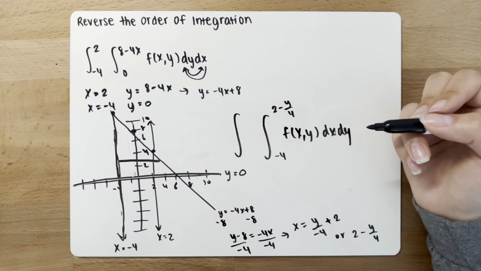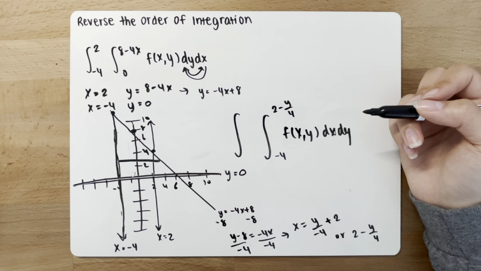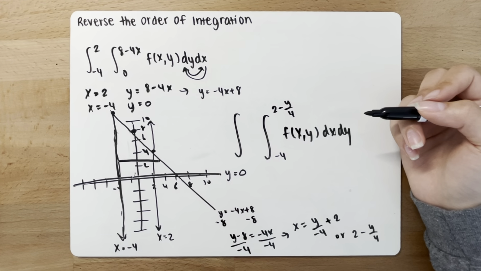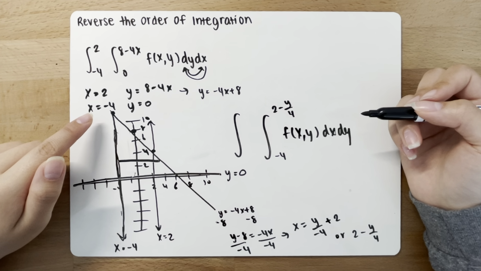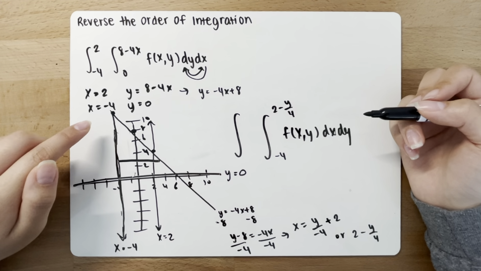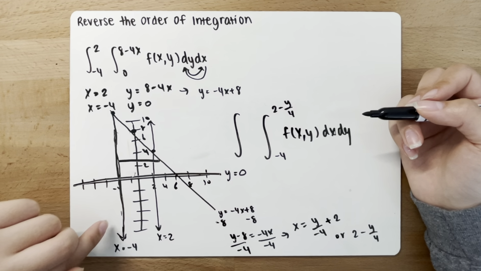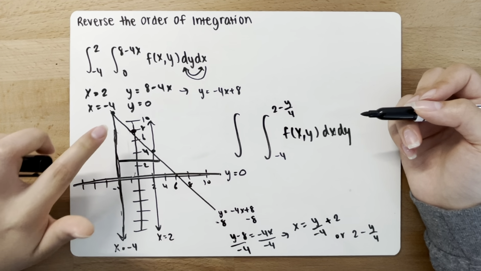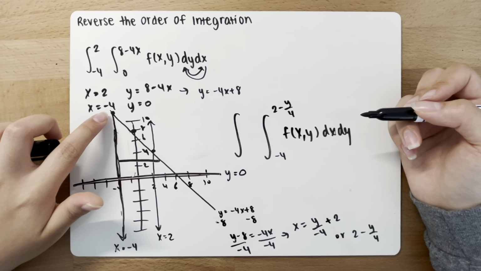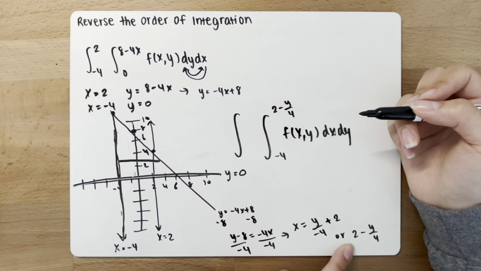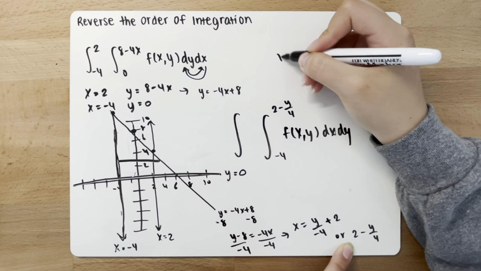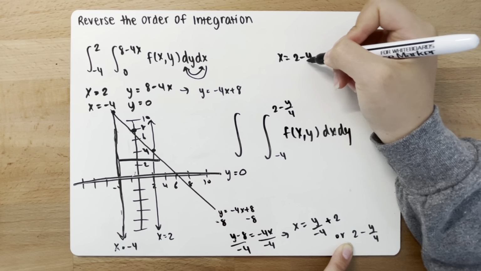Okay, moving on. Finding the upper boundary for y, you have to see what line determines where y ends. It's a combination of these two lines, x equals -4 and y equals -4x plus 8. But we know that y equals -4x plus 8 is the same thing as x equals 2 minus y over 4.